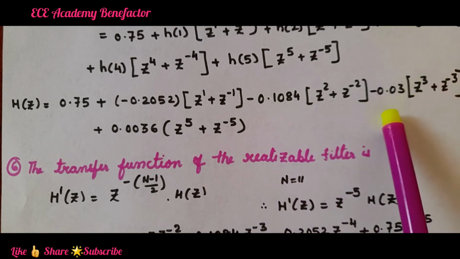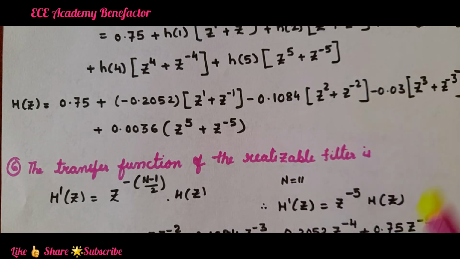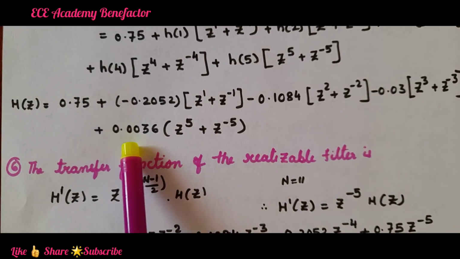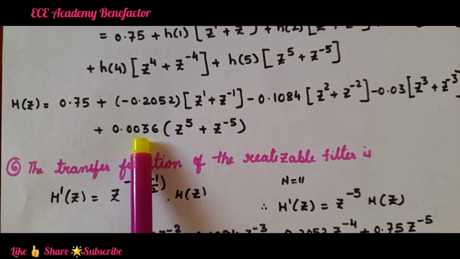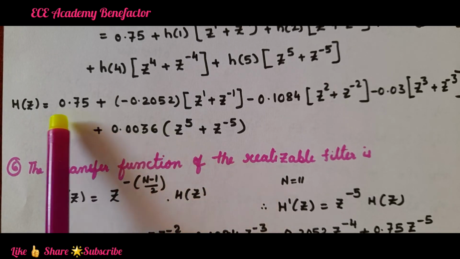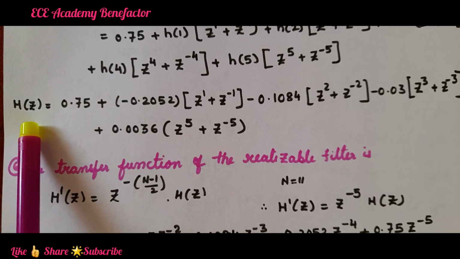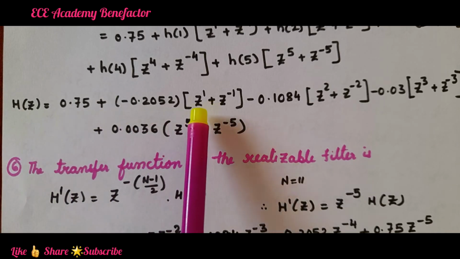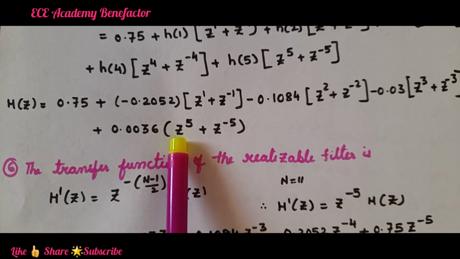H of 3 value is minus 0.03. H of 5 value is 0.0036. Okay. So, if you look at this transfer function H of z, it is containing positive powers of z. So, it is not physically realizable.